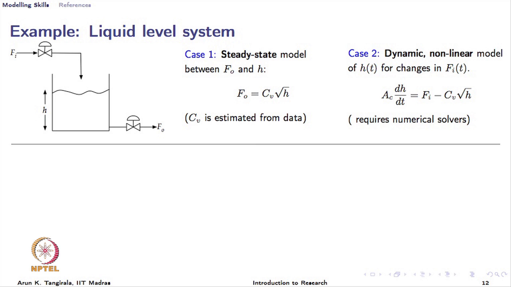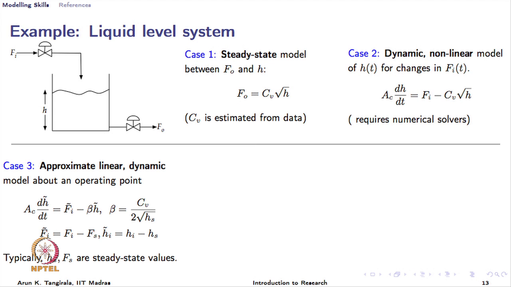Now, I can simulate this. Obviously, as I mentioned earlier, this is a first principles model. There is no way to analytically solve this. I will have to use a numerical solver, essentially numerical integration techniques, to determine the liquid level profile for an input profile, which is the inlet flow.